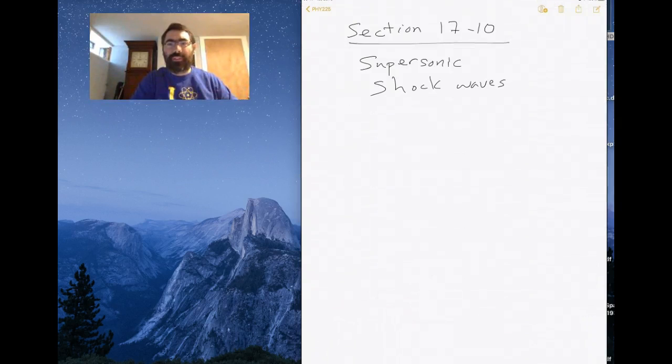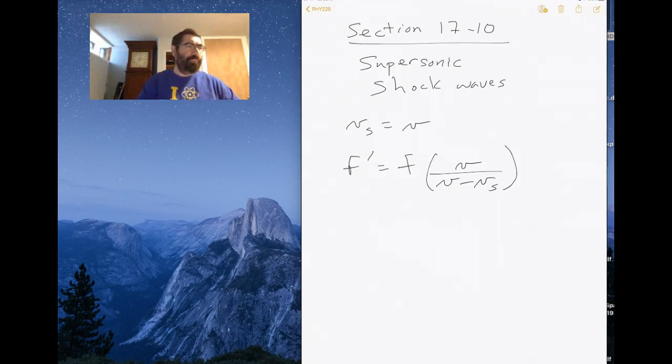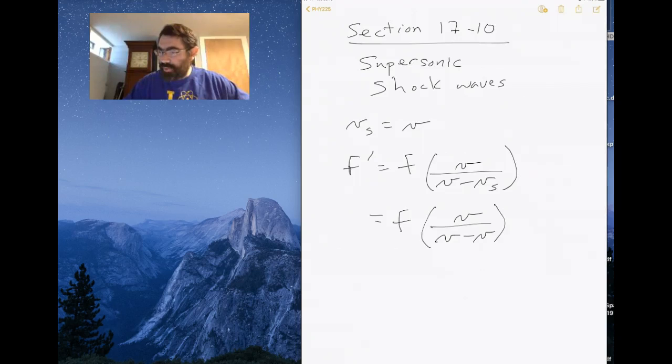Okay, so let's take a look at that. First, let's take a look at the case of, let's say, the source. So V source is moving at the speed of sound. So our measured frequency, we said, was the speed of sound divided by the speed of sound minus Vs, if it's moving towards the detector. And if that is the case, then what we get is basically something that is undefined.